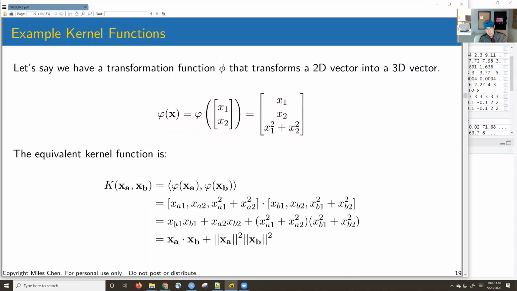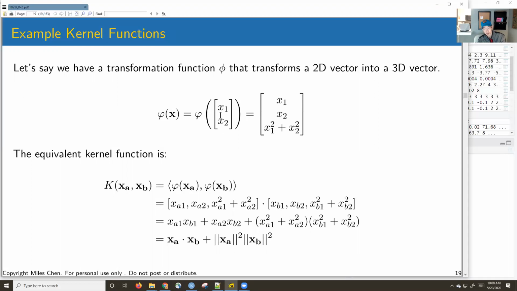This first part is equivalent to the dot product of xa and xb. And this part is the norm of xa squared, and this is the norm of xb squared, so it can also be expressed as the norm of xa squared multiplied by the norm of xb squared.